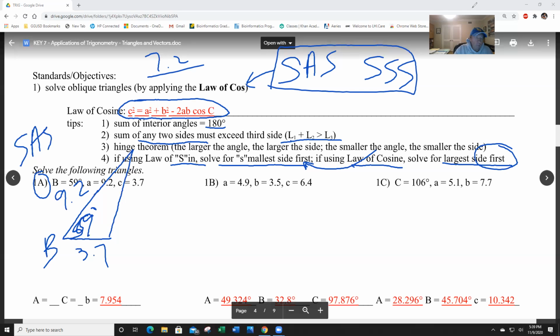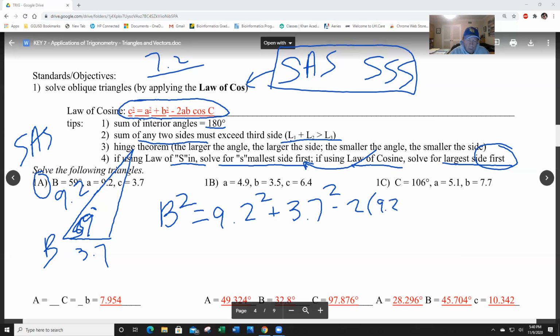Because you're working with angle B, it's going to be B squared, which I don't have, equals 9.2 squared plus 3.7 squared minus 2 times 9.2 times 3.7 cosine of 59 degrees. Okay, it's terrible writing, but you get the idea.